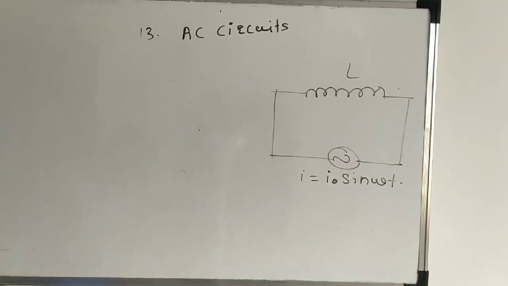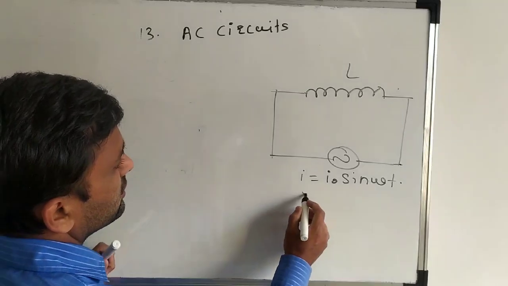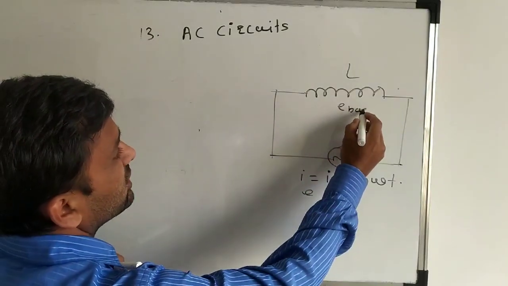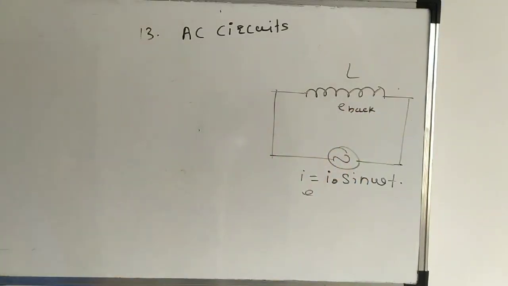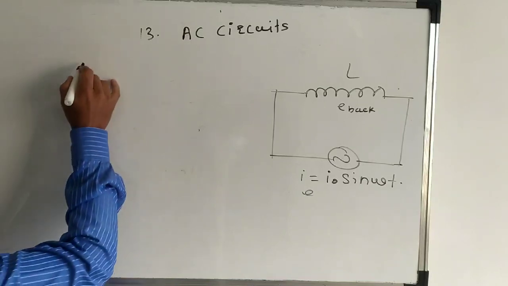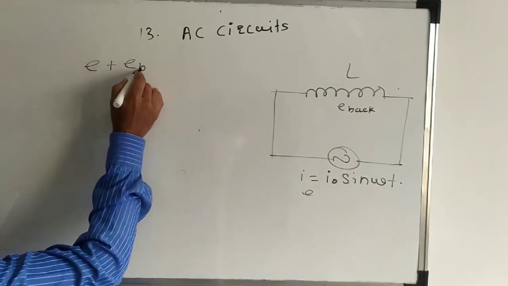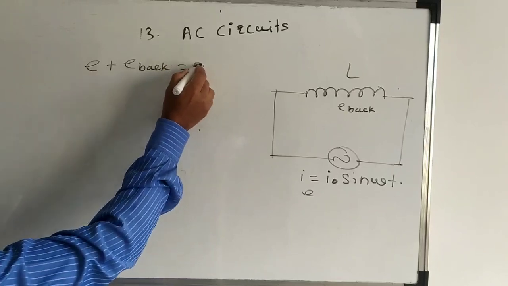Now in this case, there are two types of EMF. One is the applied EMF and the second one is the back EMF. The back EMF is present in the circuit. The applied EMF is E, while the back EMF, that is the induced EMF, is present in the inductor coil. The total EMF is given by E plus E back equals 0.